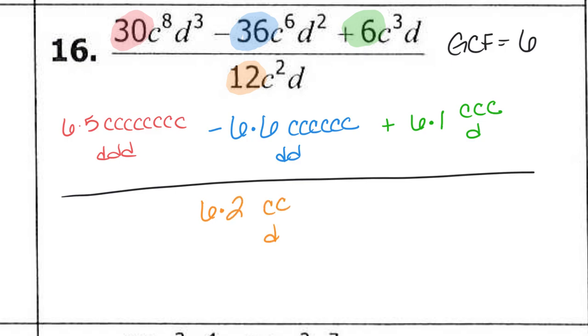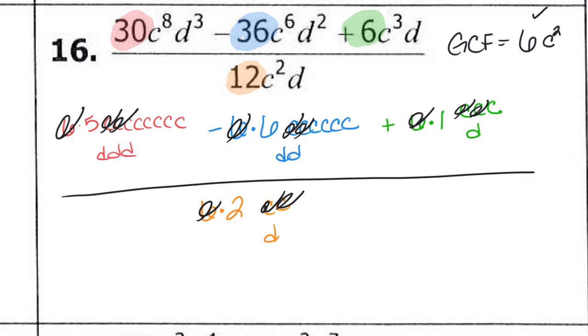So again, all or nothing. So it has to be in the red, blue, green, and yellow. So we already said that they shared a 6, but they also share a C, and they share another C, so we say they shared two of them.